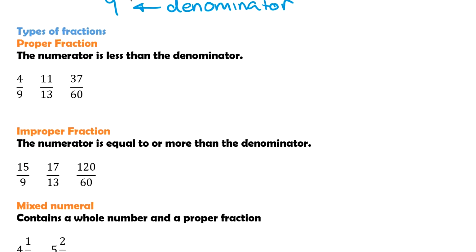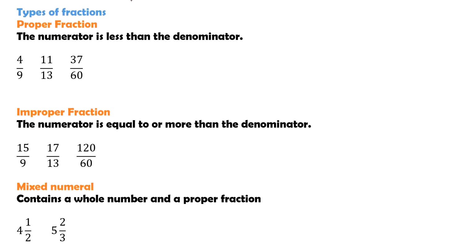We're going to introduce you to a couple of different types of fractions. The first one that you'll probably know is what we call a proper fraction. This is where the numerator is less than the denominator, so the top number is the smaller of the two. The next fraction I'll introduce is the improper fraction. Now, the numerator is equal to or more than the denominator.